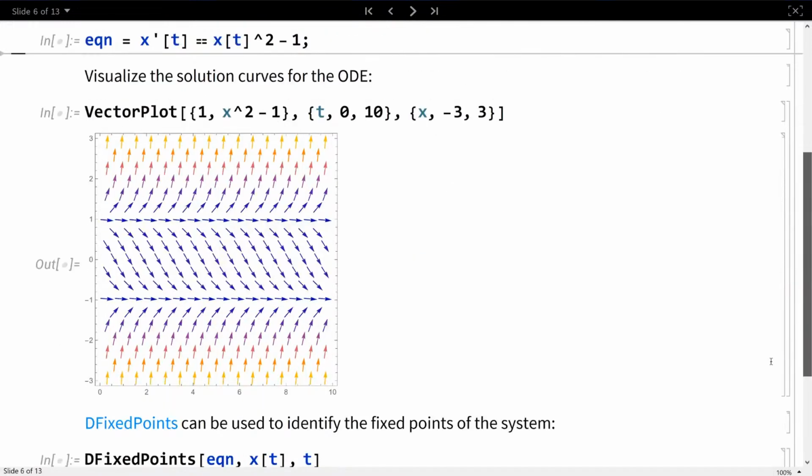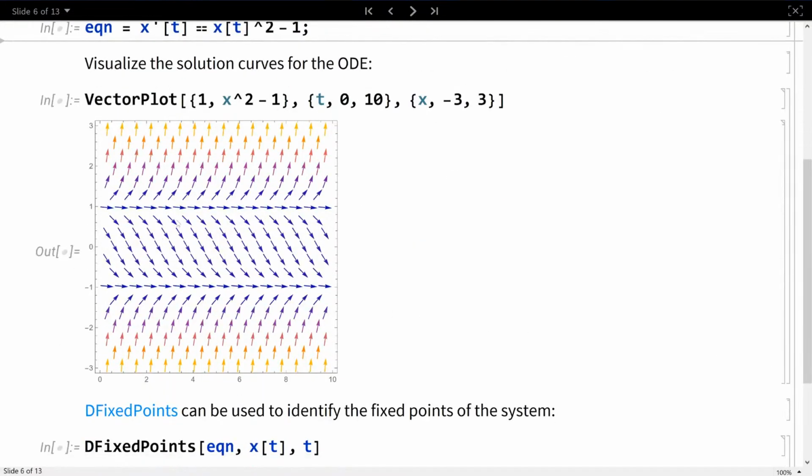So here's the vector field for the equation, and you see over here you have the -1 and the 1 as constant solutions, but they are not quite symmetrical. Solutions seem to flow away from the 1 and towards the -1 solution. So in some sense, these two fixed points are different in nature.